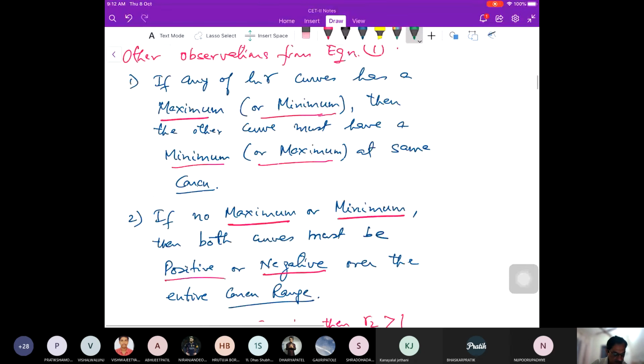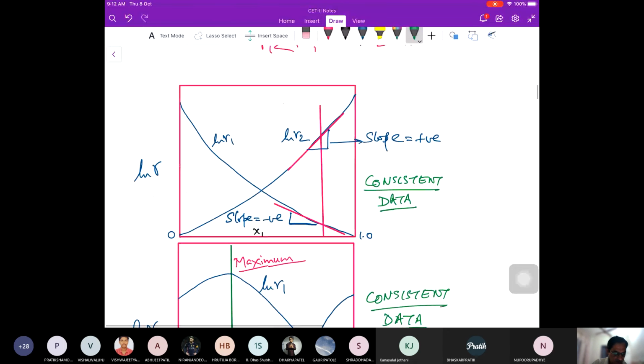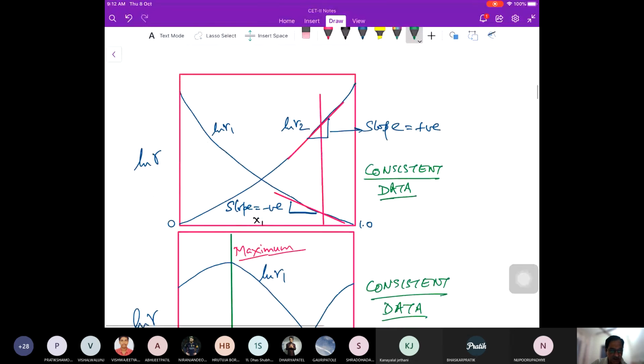Let's look at the data. So let us look at the ln gamma versus x1 curve. This is ln gamma 1, this is ln gamma 2. Now we draw a tangent at any point along the curve and take the slope. Suppose we take these two tangents at this composition, then the slope of ln gamma 2 is positive because the angle is less than 90 degrees, and the slope of ln gamma 1 is negative because the slope is between 90 and 180 degrees.